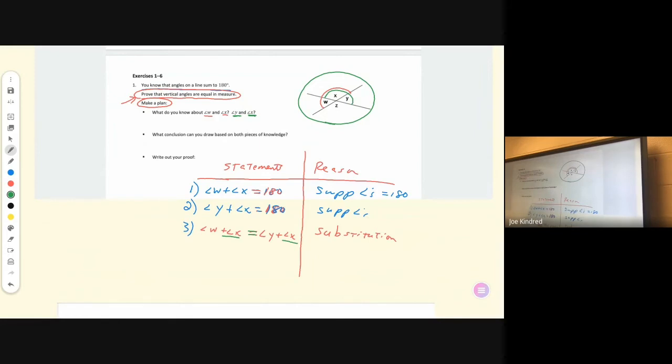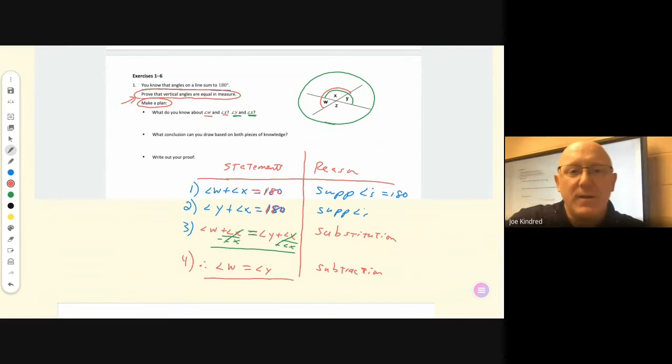So think of this like subtraction. That reduces out, and I'm left with my final statement: angle W is equal to angle Y. And the reason? The subtraction property. And so we've proven vertical angles are equal.